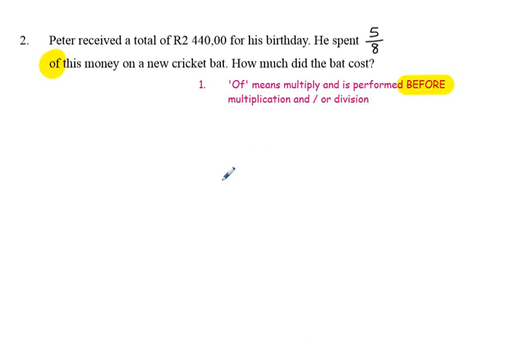Right, let's set this out mathematically. So it said he spent 5/8 of his money, of this money. So 5/8 of 2,440 Rand.